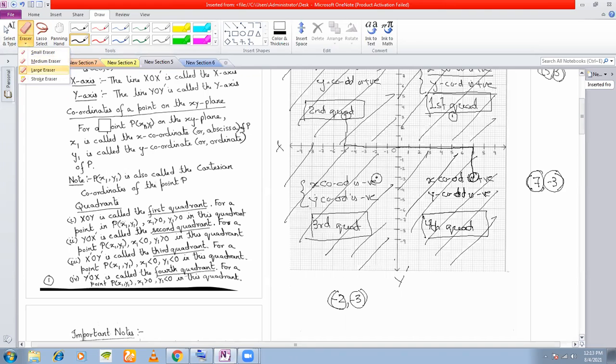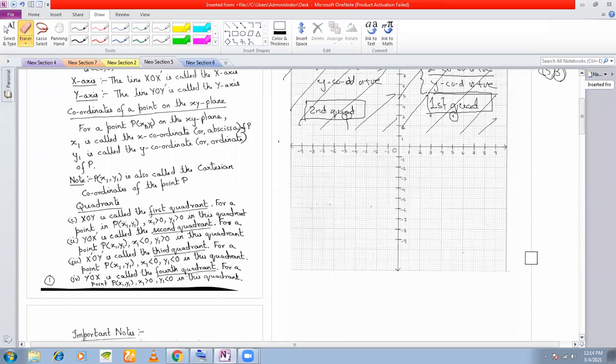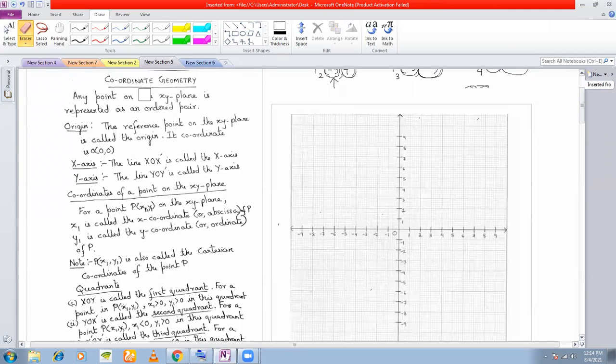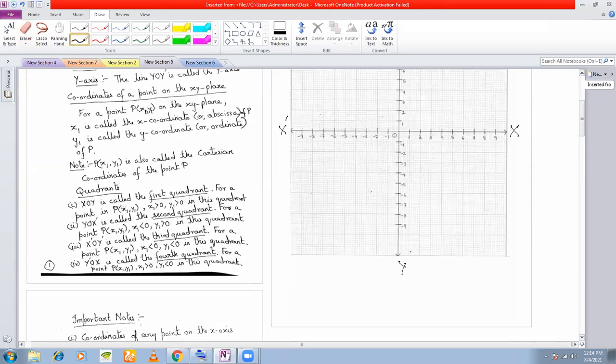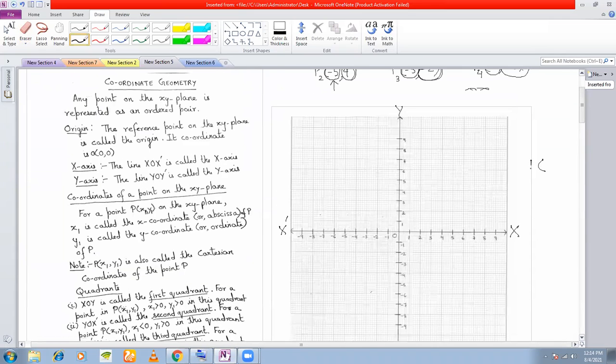Another very important note here: if you remember the last points that I discussed with you, you need to remember them because we'll be needing this later on also. Let me write this once again. Suppose I want to locate the point P, let's say (-8, 0).